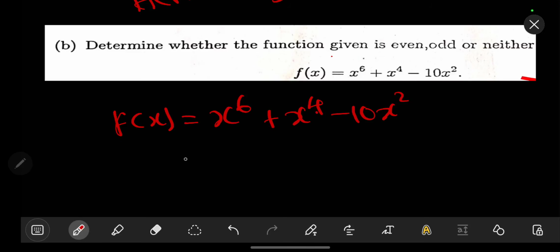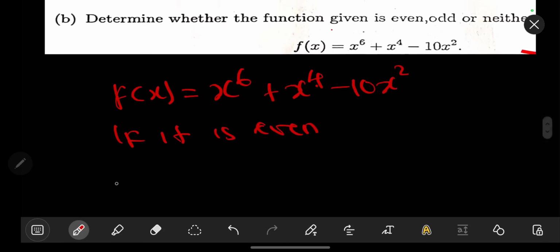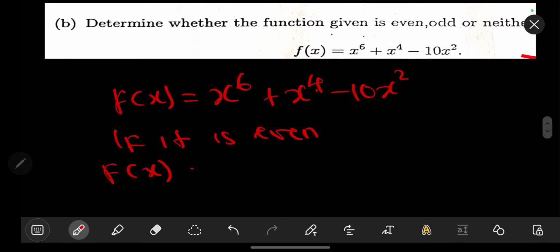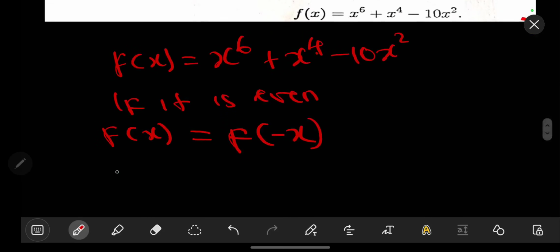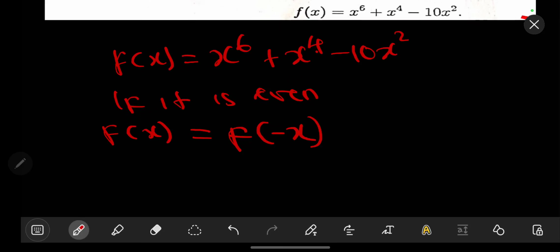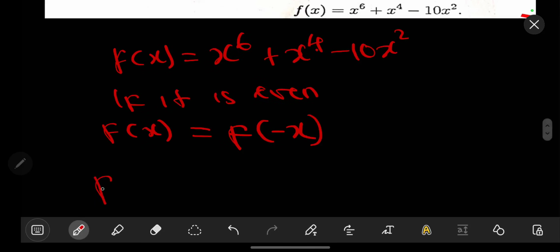So what we are going to say is that if it is even, which we already know it is, your f of x should be equal to your f of negative x. Your f of x is known, which is x to the power 6 plus x to the power 4 minus 10x to the power 2. Then for f of negative x, where there is x, we put negative x.